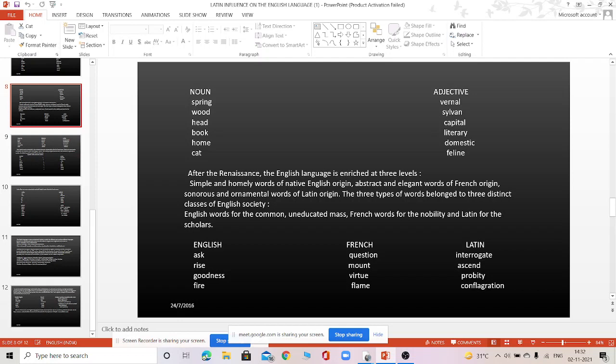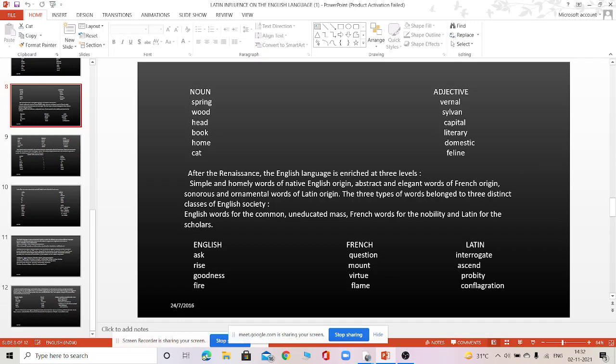They are very elegant in their dress, in their manners, in their food, in their general behavior. A kind of elegance is associated with all things French. French perfume, for example. So, abstract and elegant words were of French origin, which we will be studying later on.